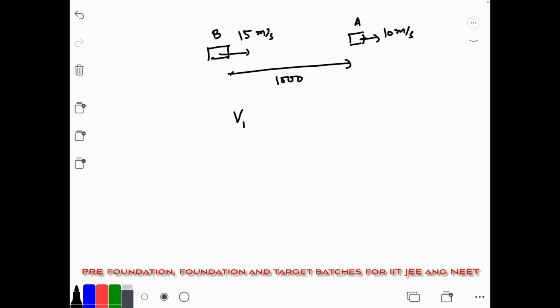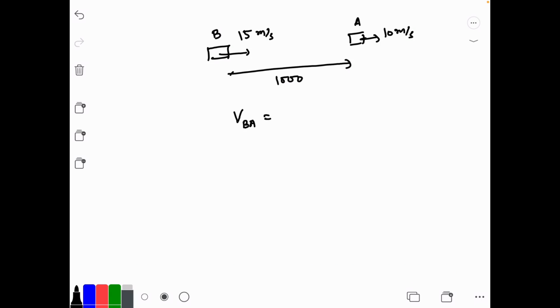The velocity of B with respect to A will be 15 minus 10, so we can say 5 meter per second. This is the initial speed B has. So what is the relative distance which B has to cover? This is 1000 meter, and this distance is covered within how much time? 40 seconds.